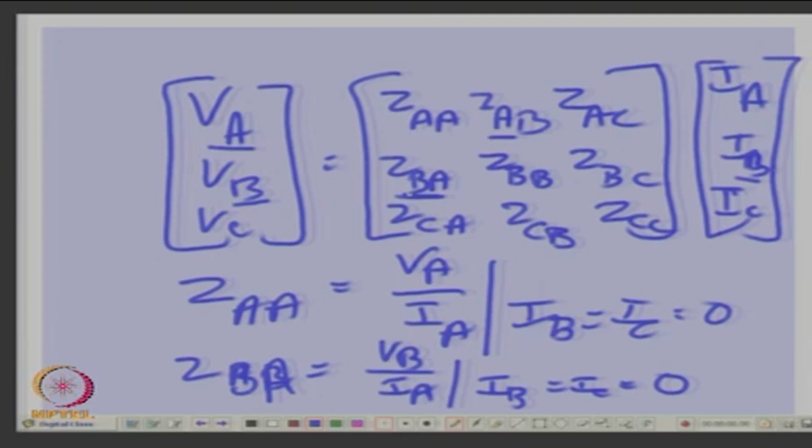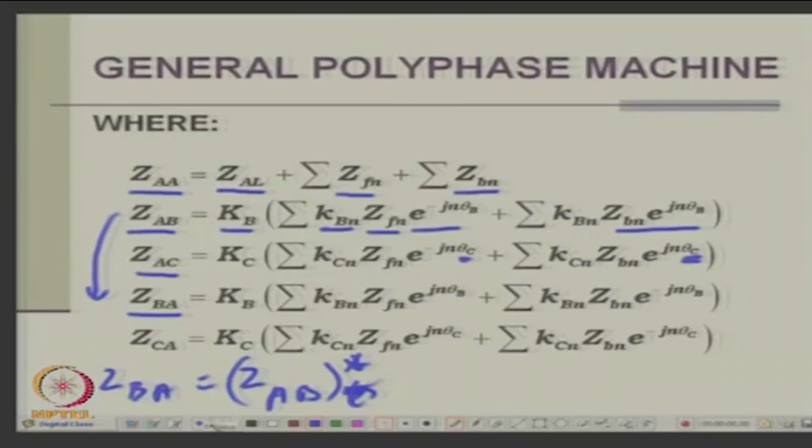Oh, yeah, okay. So, I think it is fine, these equations are okay.